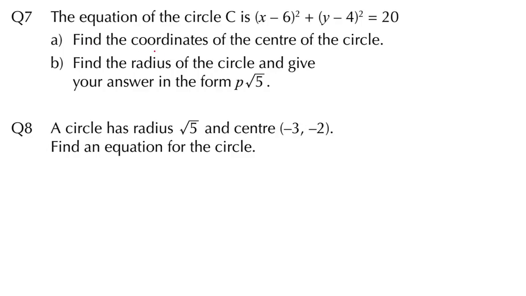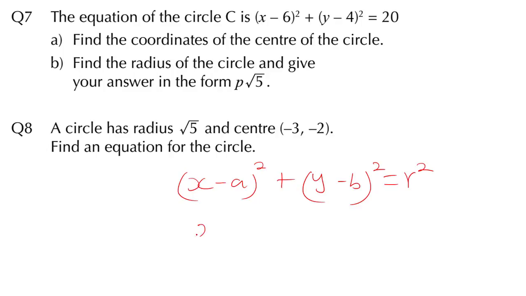We've been asked to find the coordinates of the center of the circle given by this equation here. Now, the coordinates are basically a and b. So remember that x minus a squared plus y minus b squared will always give us r squared. So what you need to do is equate this first bracket to this one here.